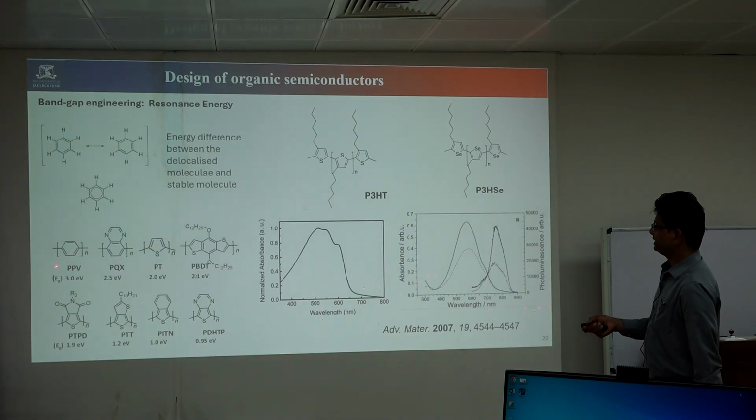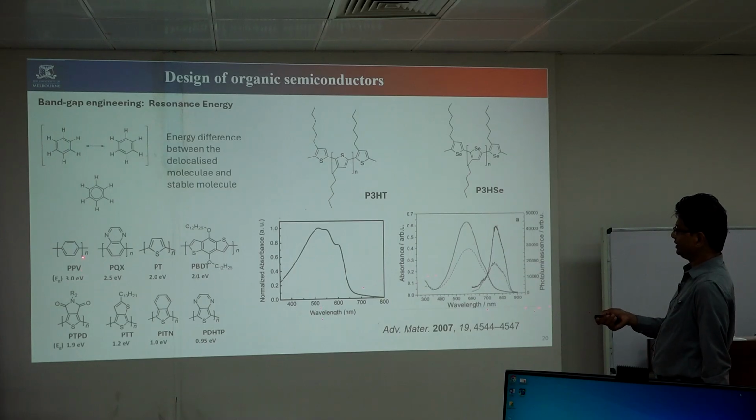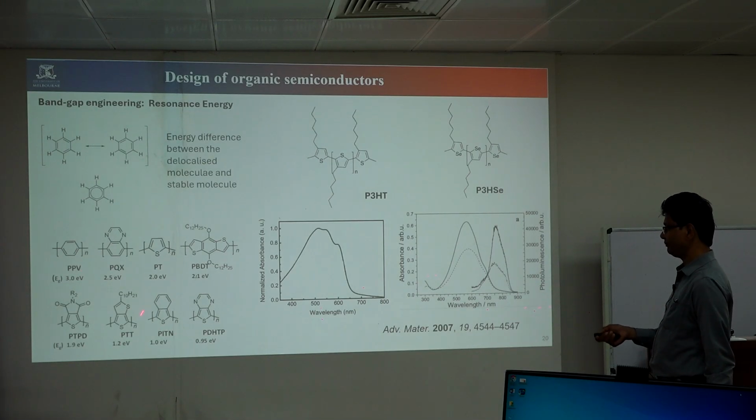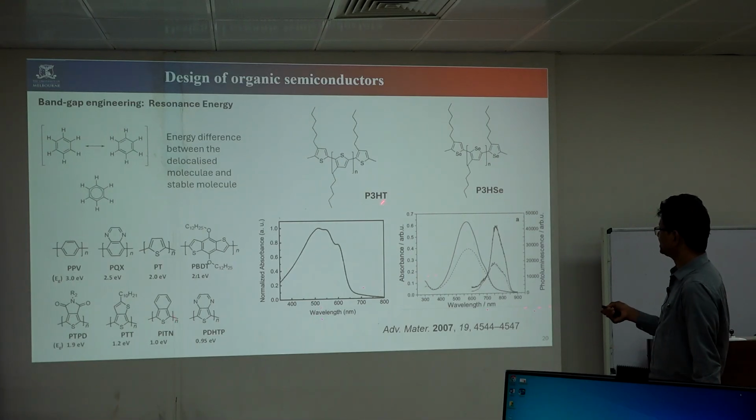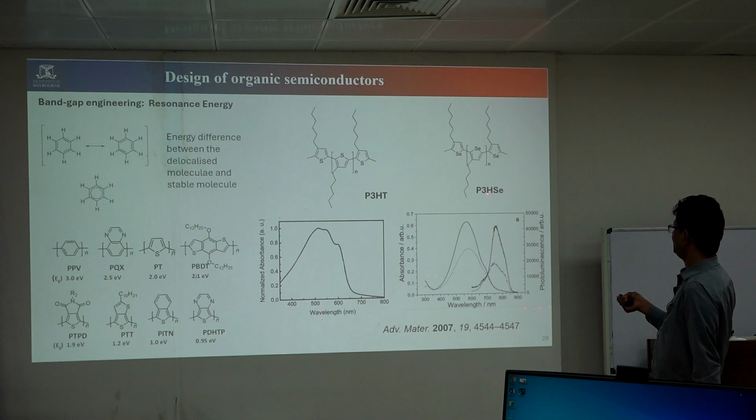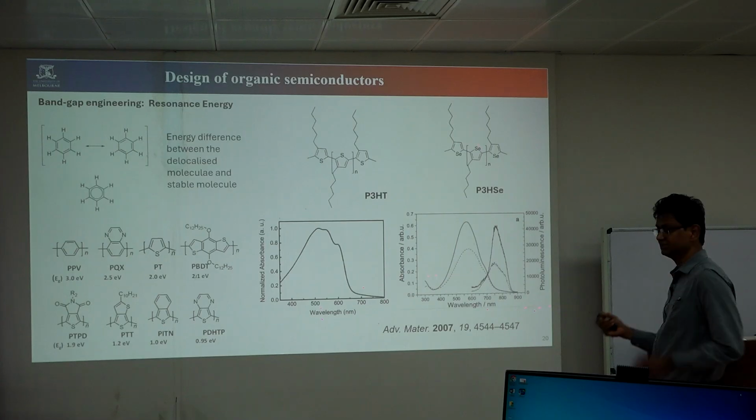In this one, we already showed that this material, particularly because of the resonance effect, is very high. That's why it shows the lower band gap. Okay. At the same time, if you see these two molecules, P3ST and P3 selenium, because here it's selenium compared to sulfur, selenium is a bigger atom.